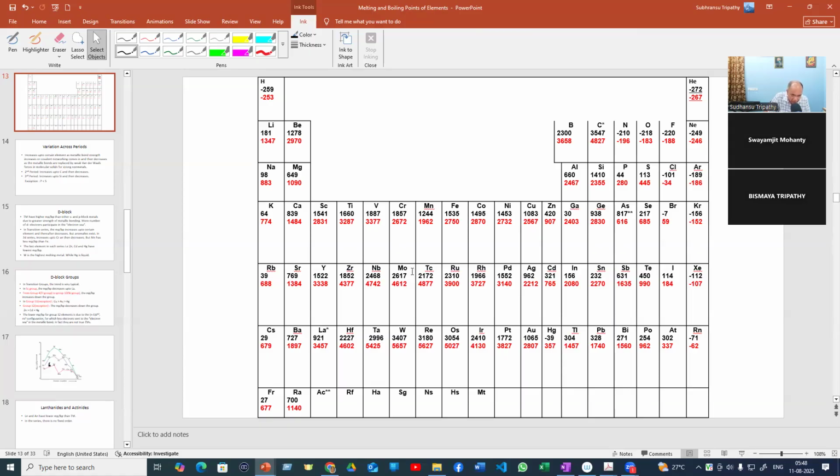I'm so sorry, 26, and there is a dip at technetium, 2172, and then there is an increase. Ruthenium is 23rd, and then there is a decrease. That's okay, but we don't accept this vanadium and chromium. Niobium is less than molybdenum, but vanadium is more than chromium.